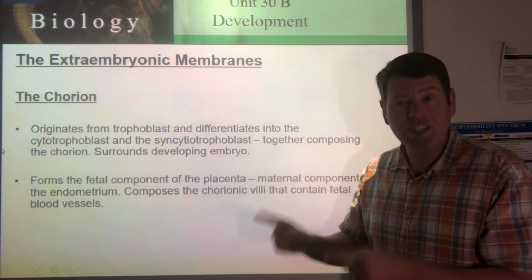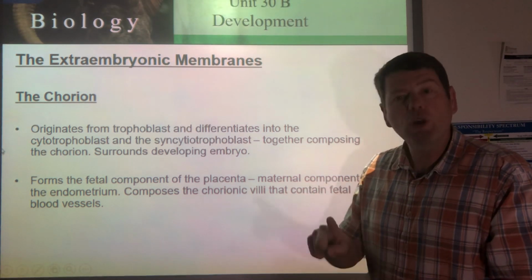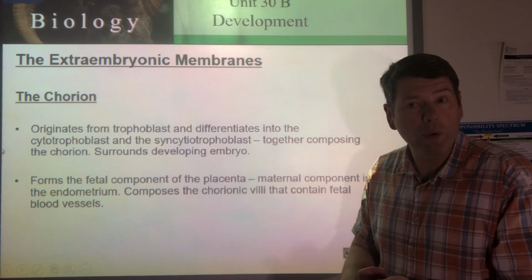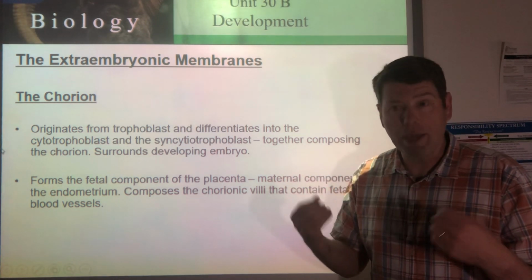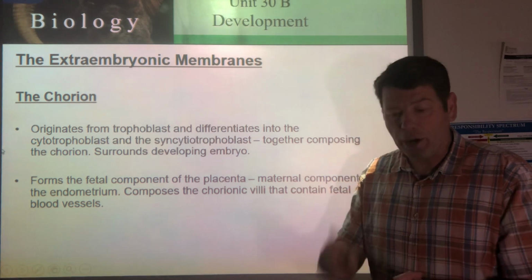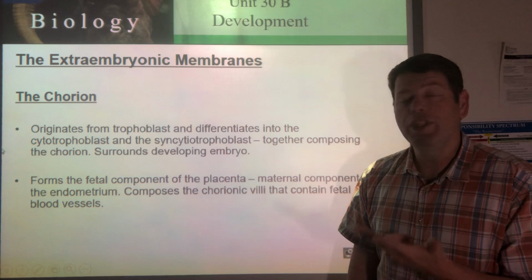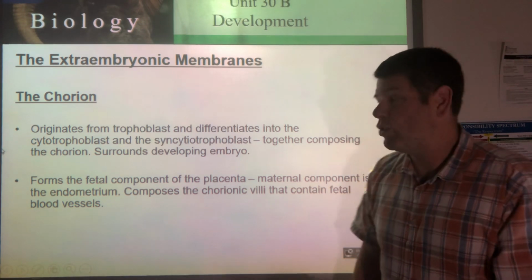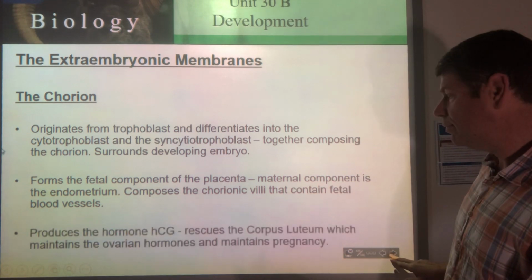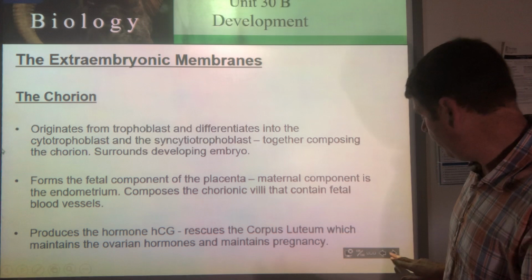So that's its most important job, as well as it creates the human chorionic gonadotropin hormone that helps tell the mother's brain that, hey, we have a baby developing here. We want to keep our corpus luteum, and we want to keep the flow of progesterone so that we don't lose this baby, we don't lose pregnancy, and we don't lose the endometrium lining. So there's that note there about the human chorionic gonadotropin.